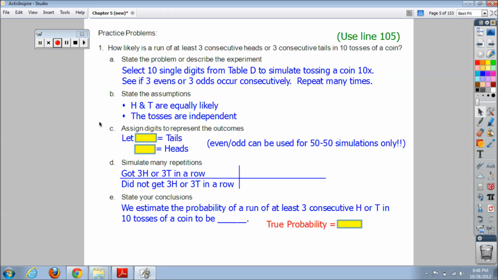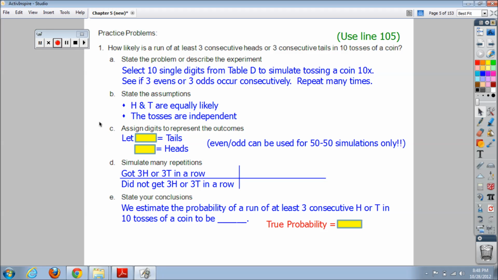We're also going to assume that tosses are independent. And again, what this means is, if I flip 2 heads in a row, the next toss still could be heads or tails. It doesn't mean that if so many heads come up in a row, you're due for tails. That was something you read about in the notes the day before, which was the law of averages.